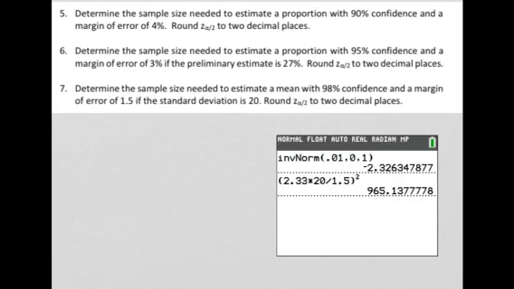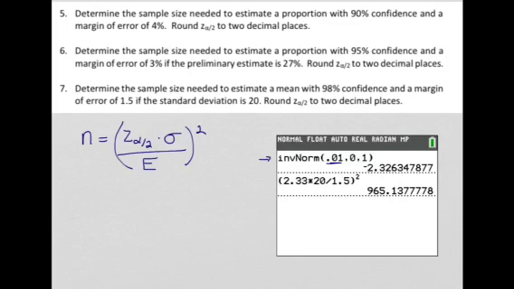And now for problem 7, we're going to use the formula n equals z sub alpha over 2 times sigma, the standard deviation, over the margin of error, and this whole thing is squared. So we calculate z sub alpha over 2, and we get 0.01 for the value that we have to put in here.